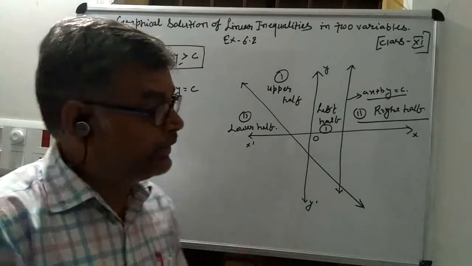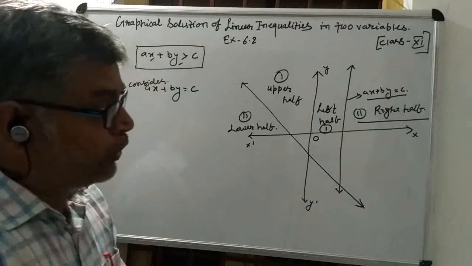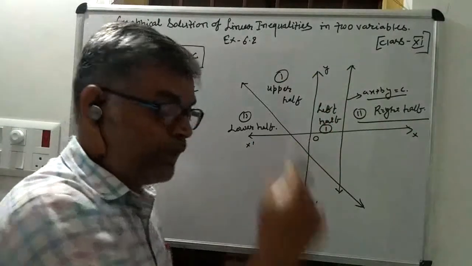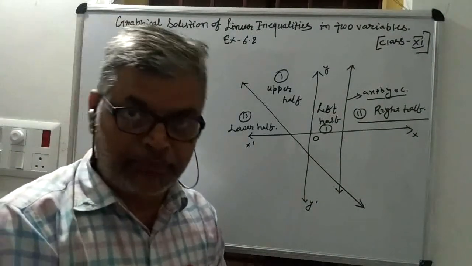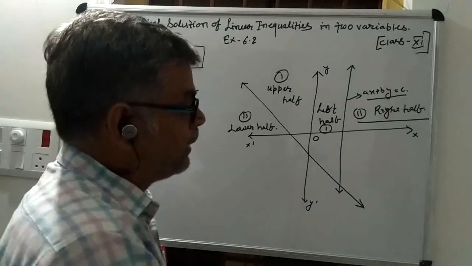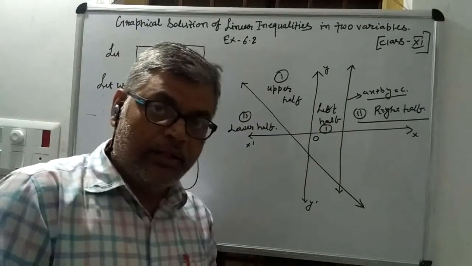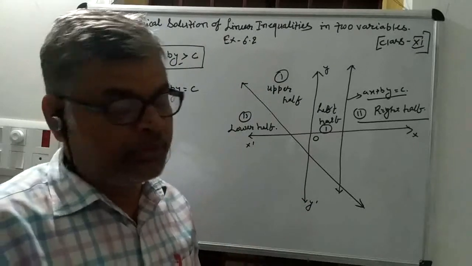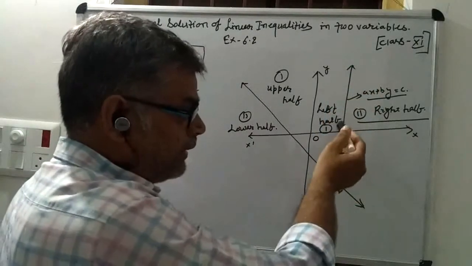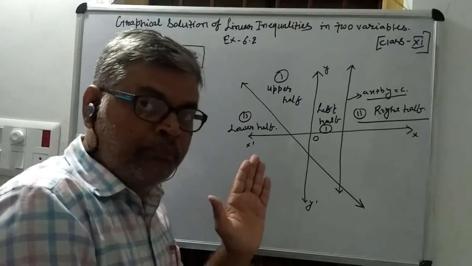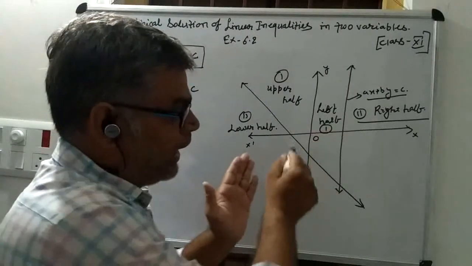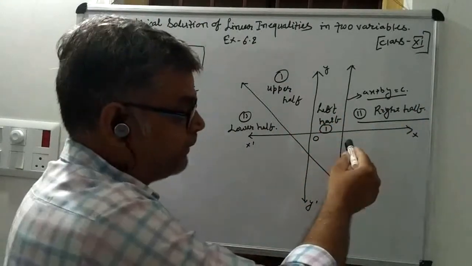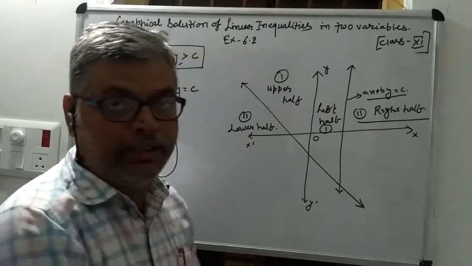That is exercise 6.2. So here I explained that when you represent a line in a Cartesian plane graphically, the line divides the whole plane into halves. When the line is vertical, the region of the plane to the left of the line is known as the left half, and the region to the right of the line is called the right half.